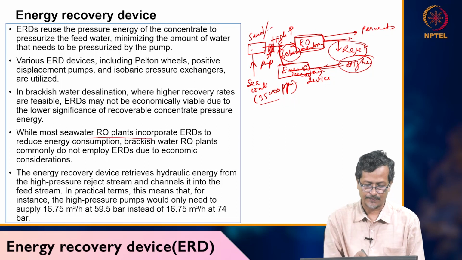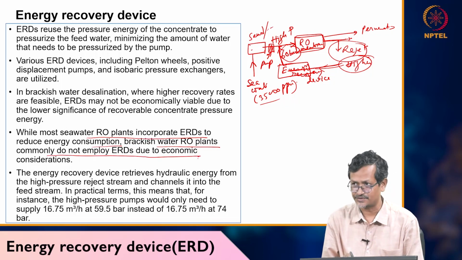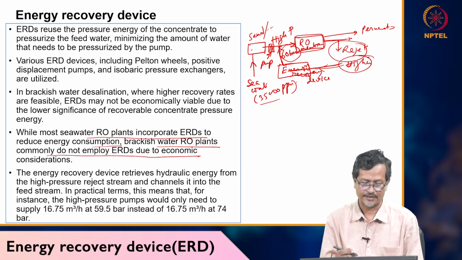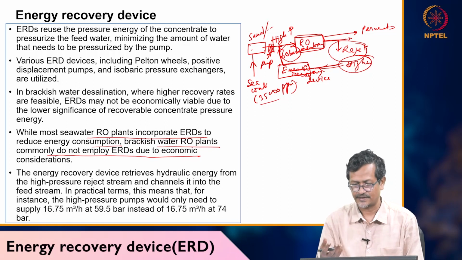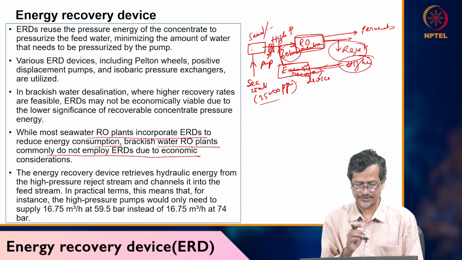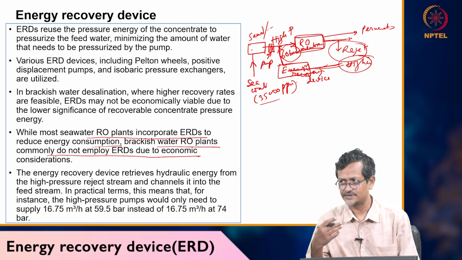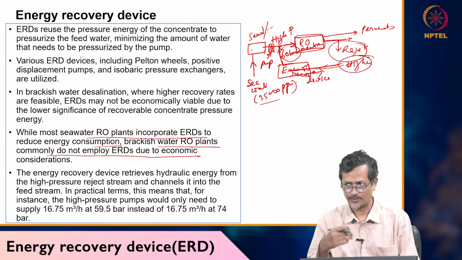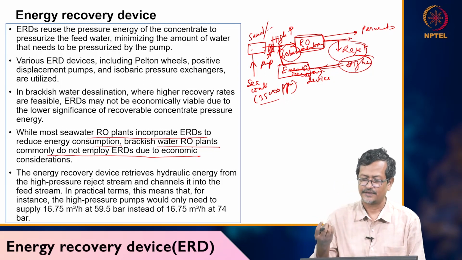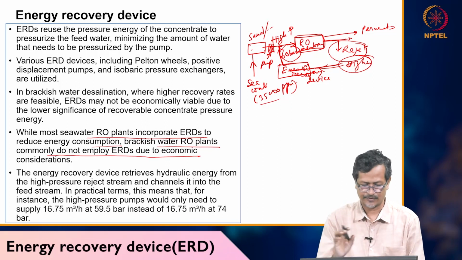While most seawater RO plants incorporate ERDs to reduce energy consumption, brackish water RO plants commonly do not employ ERD due to economic consideration. You can use it, but that will increase cost, maintenance and other cost. I was reading a certain document and they are saying that energy recovery devices are there, but still those systems are not efficient. Again, you are using it for brackish water where the pressure requirement is already low, so you are putting in extra money but not getting that much benefit. That is why normally people avoid it.